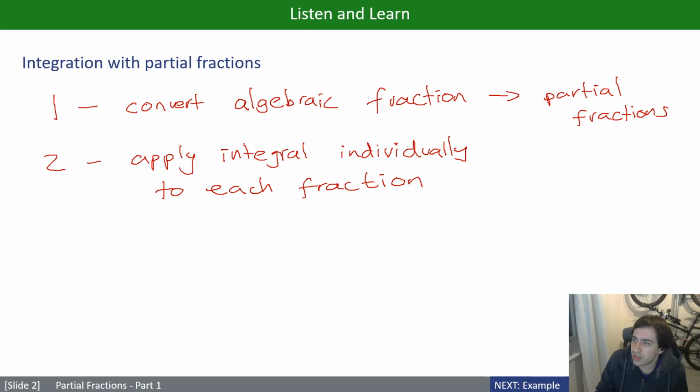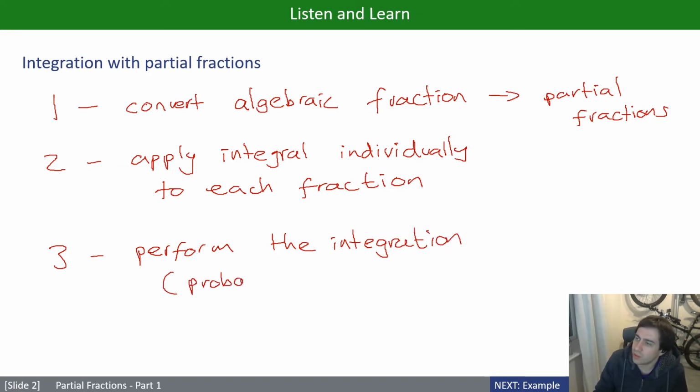And then finally, just perform the integration. And quite often will be the case, because we're now working with fractions, I'm going to say here probably, but it's not always the case, probably you'll use a form of reverse chain rule. And that can be of various types.